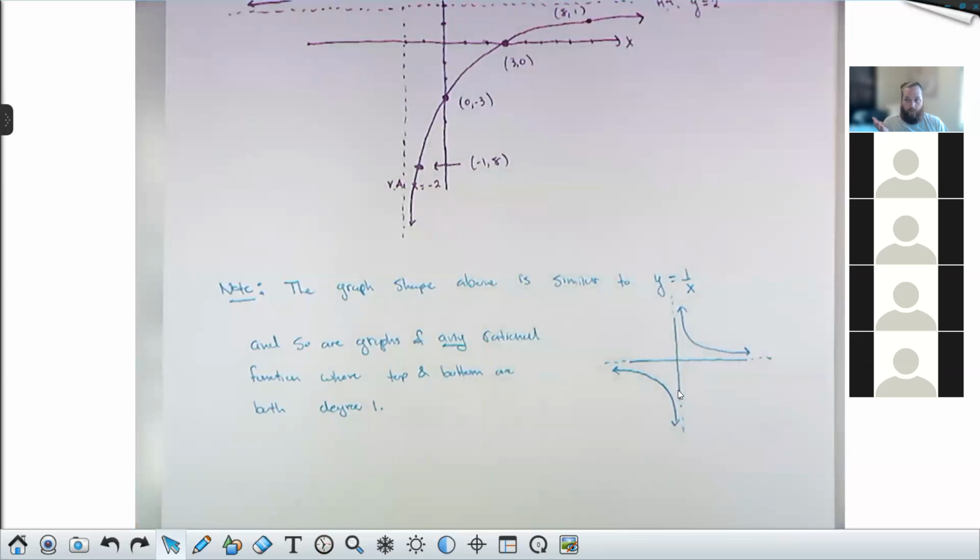So if you're looking at a rational function where the top and bottom are both linear, they will all have this same sort of shape. It's called a hyperbola. You'll have one vertical asymptote and one horizontal asymptote.